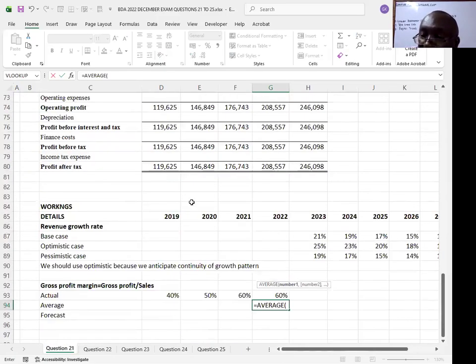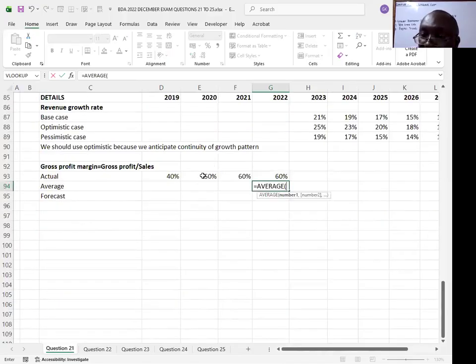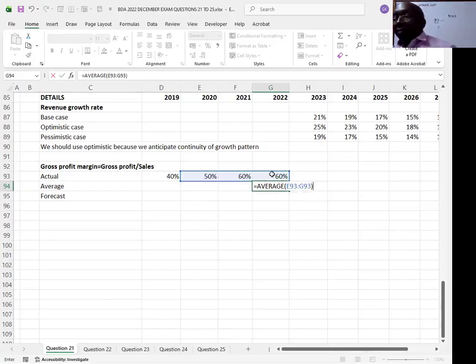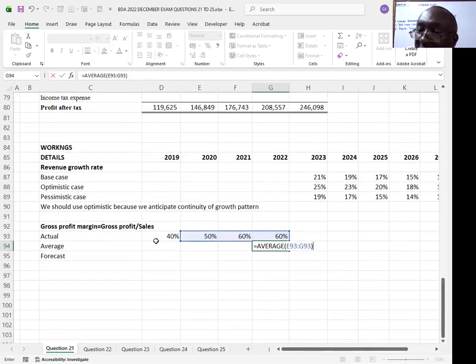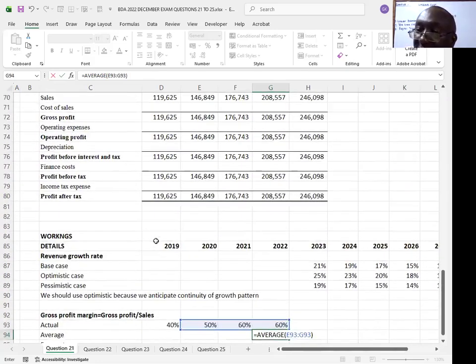So utatafuta average ya these actuals here, not the growth. Maybe you are still computing growth rate, Peter. We have changed. We are computing the margin for the year 2019.